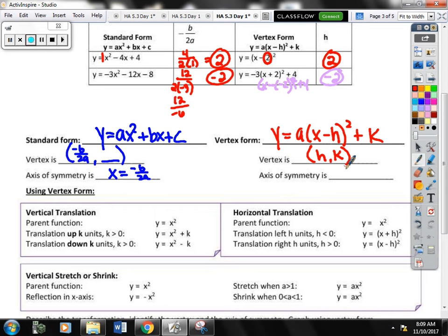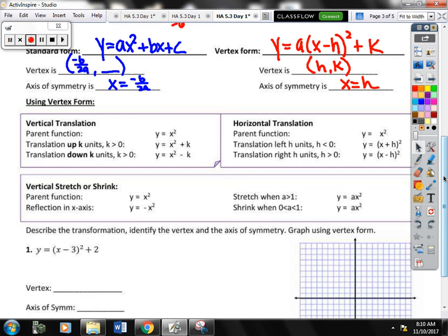Which makes the axis of symmetry x equals h. Now, vertex form is useful just like when we did absolute values and we would see like plus 2, we knew that was shifted up 2 or down 2, and then inside if it was adding, that was left or right. The same thing happens in vertex form. We're able to identify the shifting of the parabola without having to necessarily do the table of values.